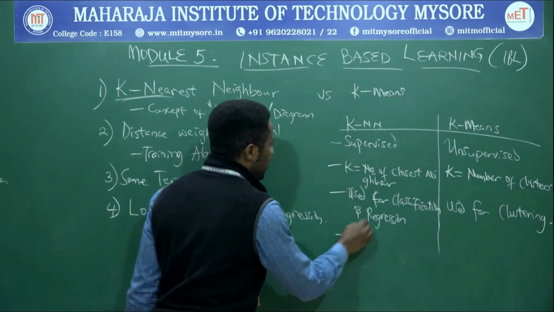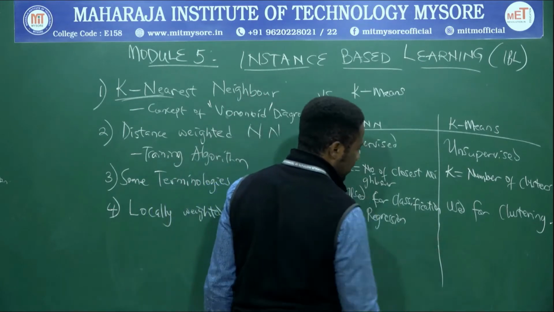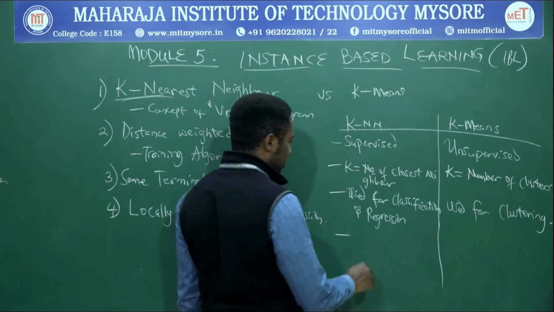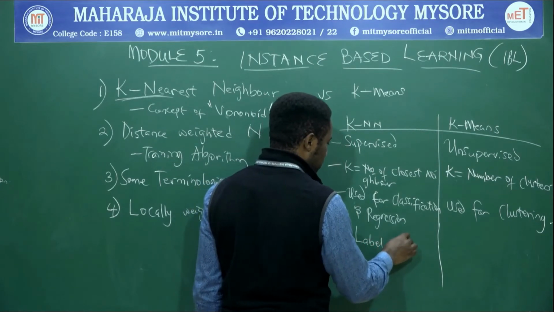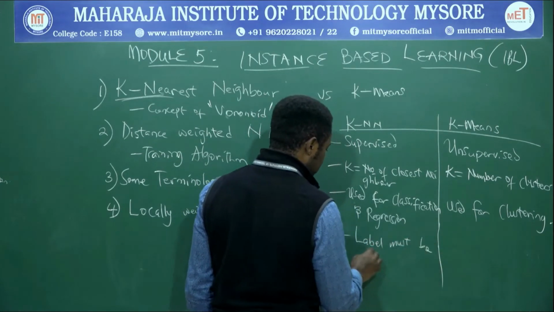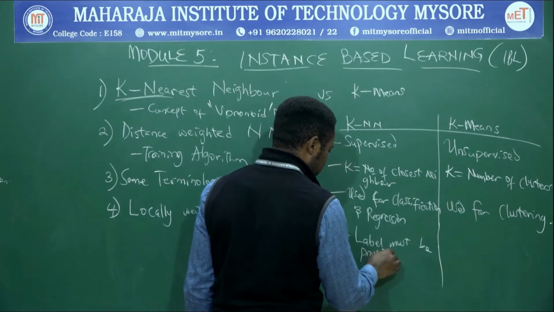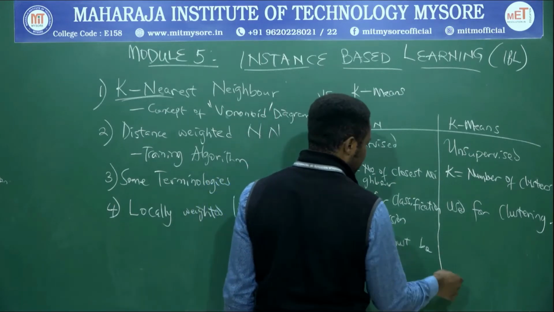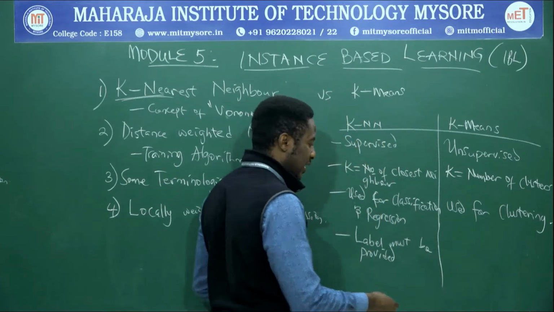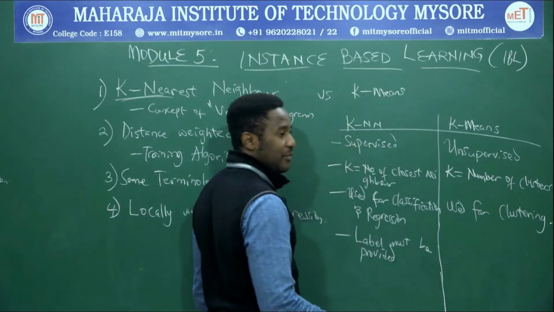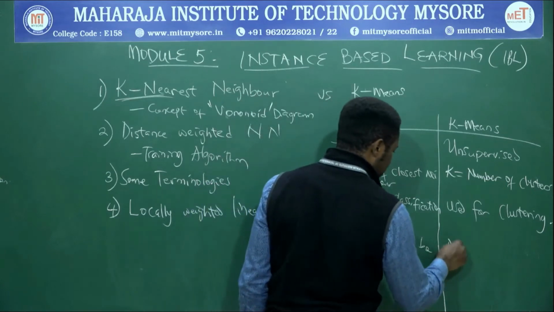That means here we need labeled data, and here labels must be provided. Whereas in K-means, usually labels are obtained by determining the number of clusters, not necessarily provided.